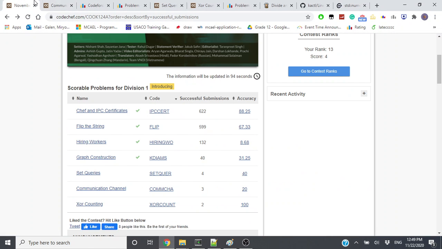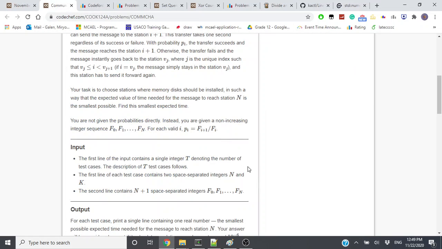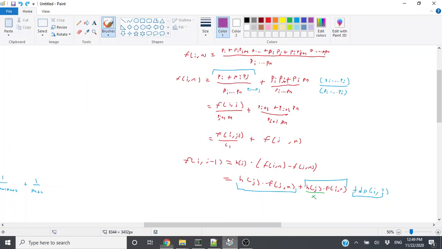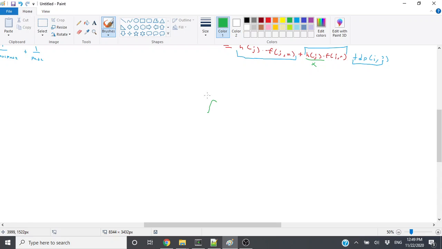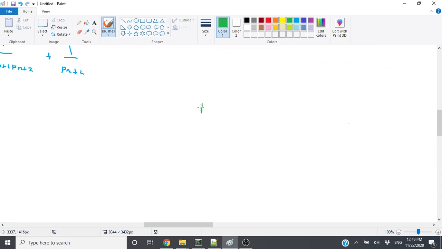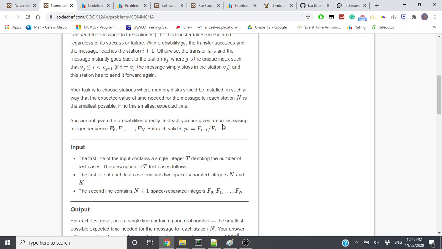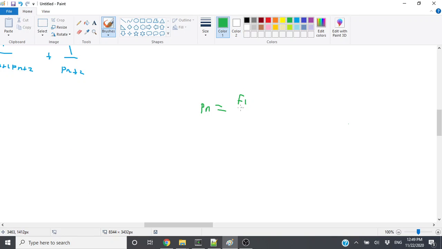So first, the cool thing about this weird input is that it makes things kind of work. Because, let's see, p of n, for example, or rather p1, p2, p3, dot dot dot pn is equal to f of 1 over f of 0 times f of 2 over f of 1 and so on up to f of n over f of n minus 1.